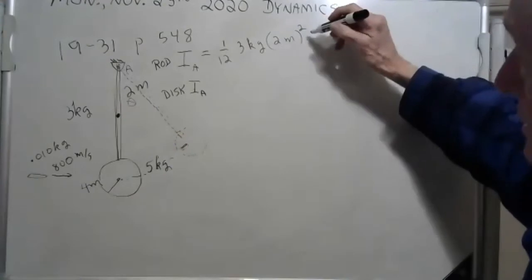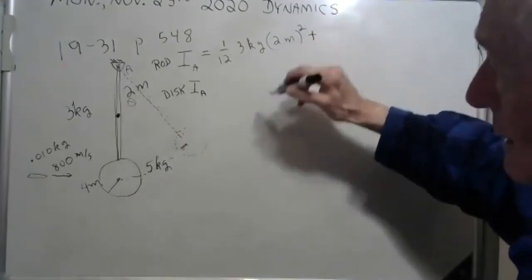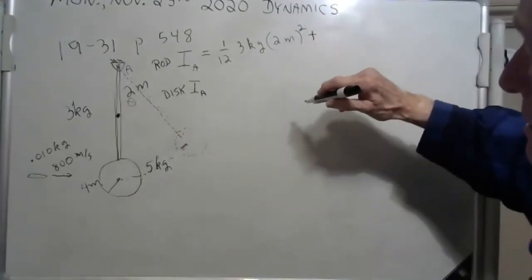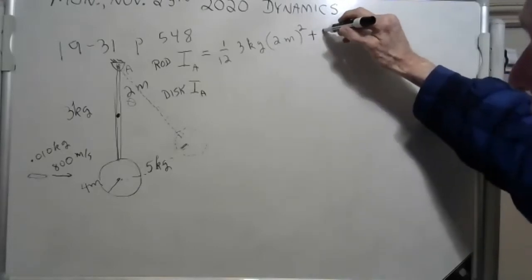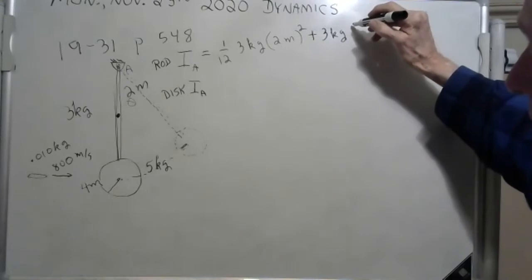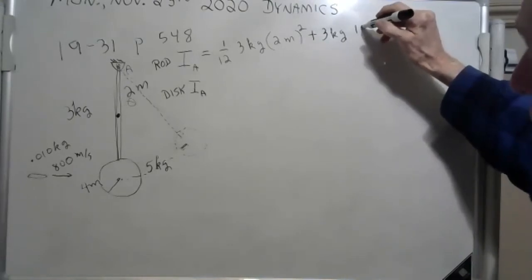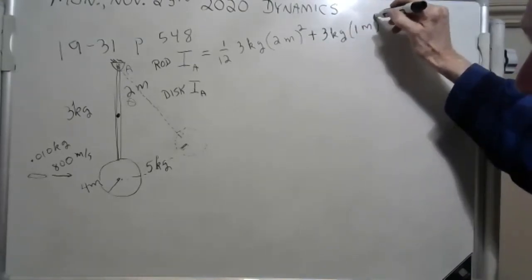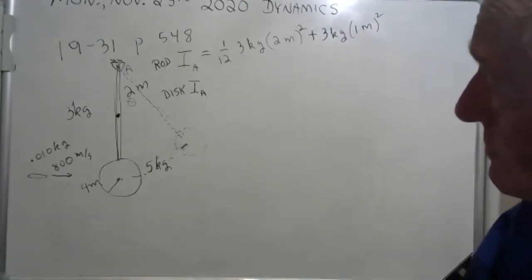To get it about point A, you'd have to add the 3 kilograms times 1 meter squared. That's for the rod.